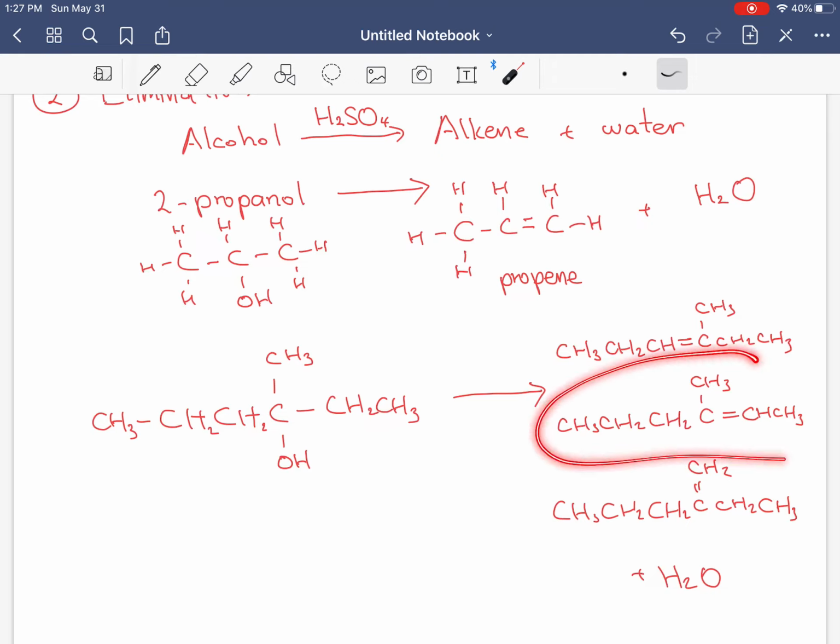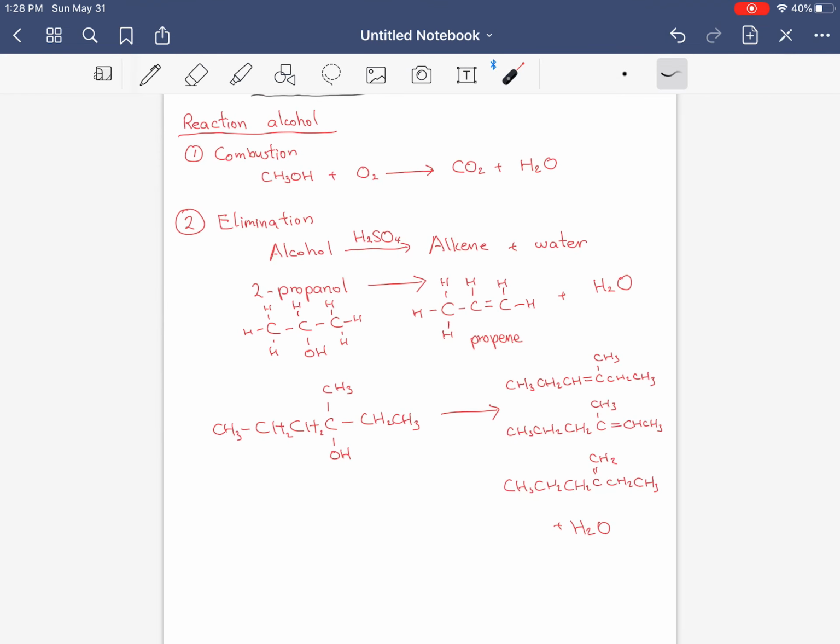Remember, if you're interested in this one, you can easily look up which one has a lower boiling point, and you will just distillate it. Okay? All right, so hopefully you guys get the idea of elimination. It's really just the opposite of hydration of alkene we saw yesterday. But with this, there's other tricks that you may want to keep in mind.